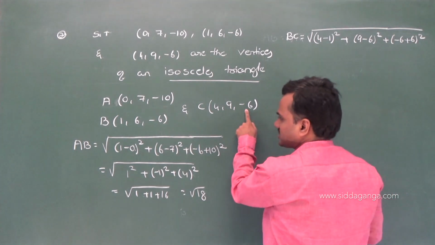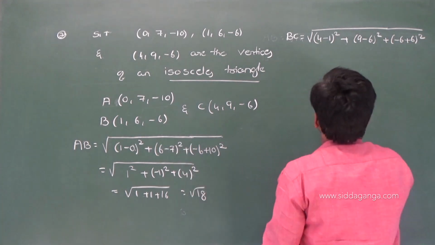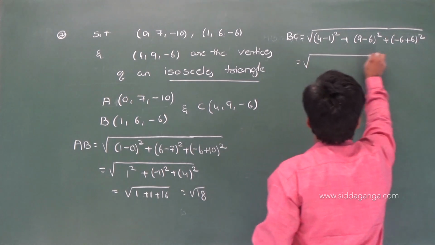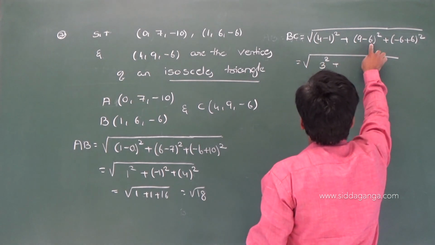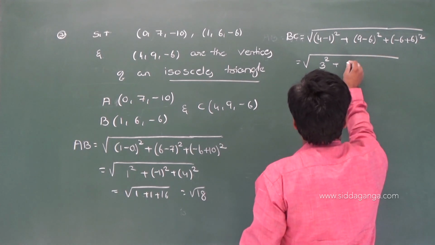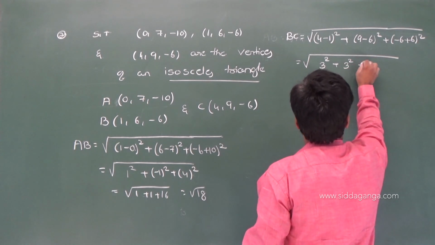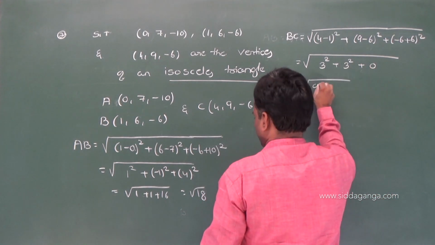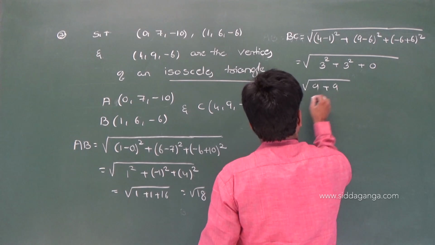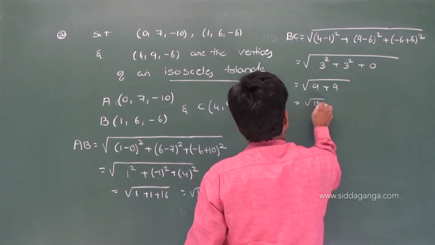Correct? That is 4 minus 1, how much? 3 square, plus 9 minus 6, 3 square, plus minus 6 plus 6, which is 0. 3 square is how much? 9. So it is 9 plus 9, root 18.